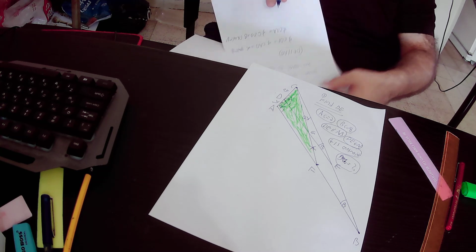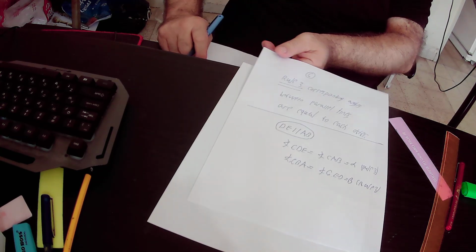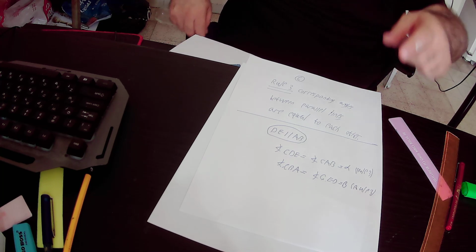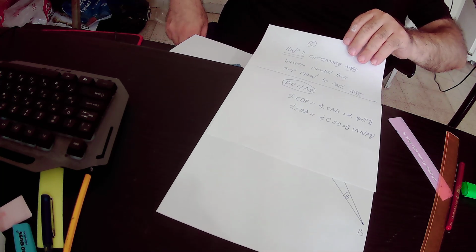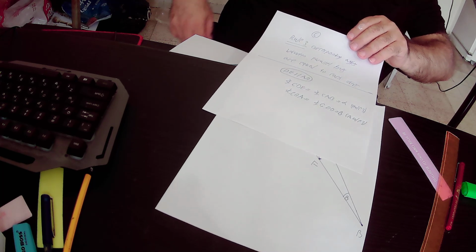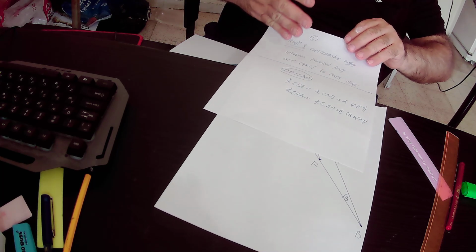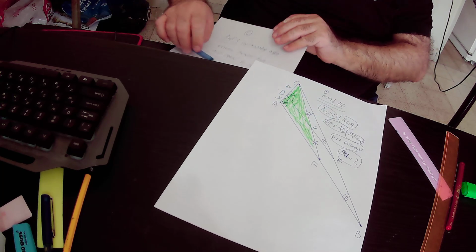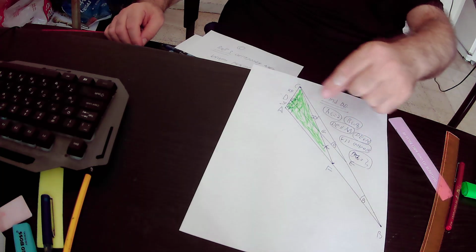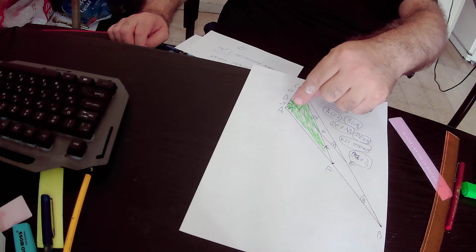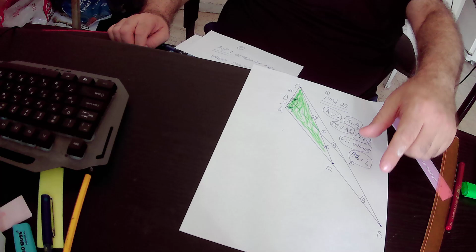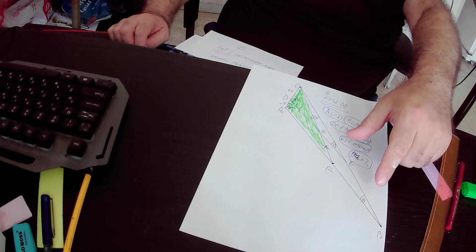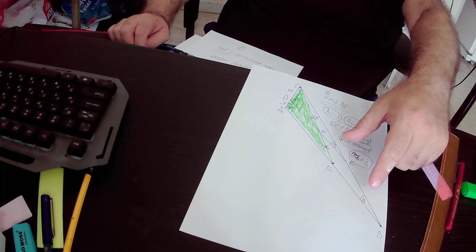Again, angle CBA is equal to angle CED, and both are equal to beta, according to rule number 3. So we found that those two angles are equal to each other, and those two angles are also equal to each other according to rule number 3 because they are located between parallel lines.